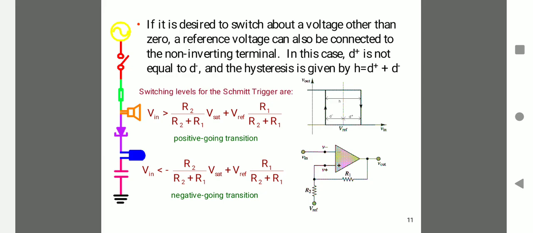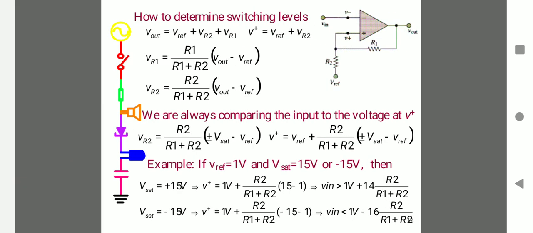If you are designing to switch about a voltage other than zero, a reference voltage can be connected to the non-inverting terminal. The switching level is Vn greater than R2 divided by R2 plus R1 times ... in the case of the positive going transition. In the case of the negative going transition, Vn is less than minus R2 divided by R2 plus R1 into Vsat plus Vreference into R1 divided by R2 plus R1.